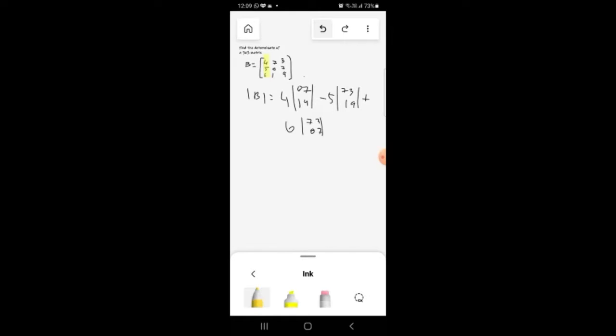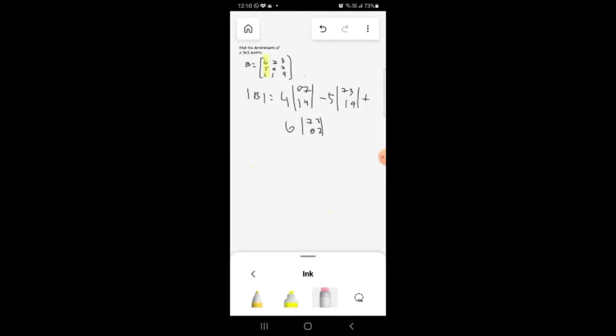But to make it easier for you to understand, I will make it in the ABC terms, which is the cofactor of B equals to A with determinant of CBDE, and the A will be multiplied with the C multiplied with E times with D multiplied with B. We can see that this is a crossover multiplication.